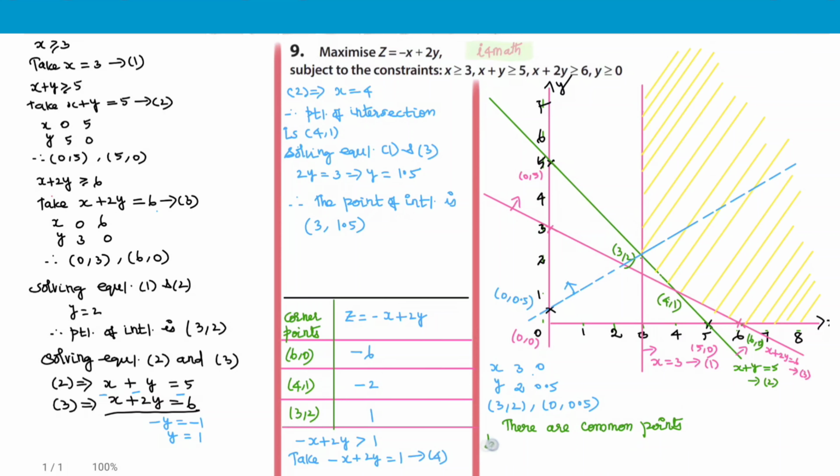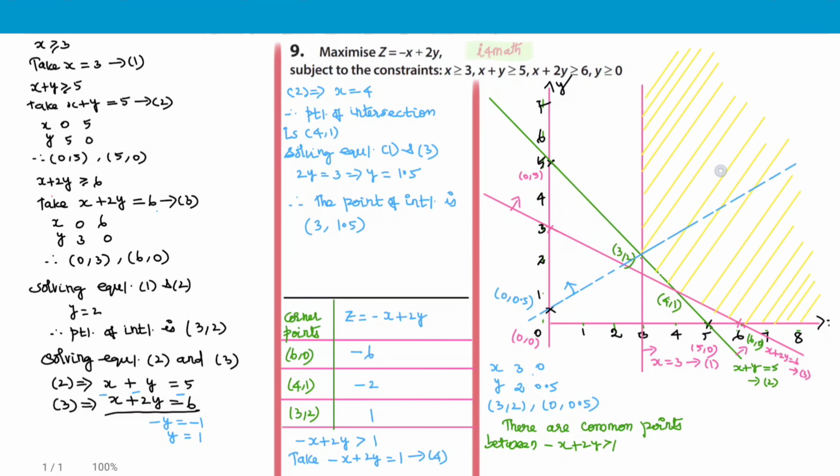The inequality minus x plus 2y greater than 1 shows this common region. The yellow region is the feasible region, and minus x plus 2y greater than 1 represents this side region only, this half plane.